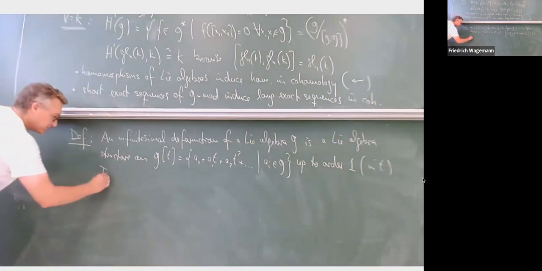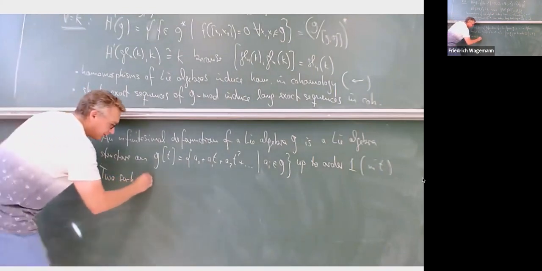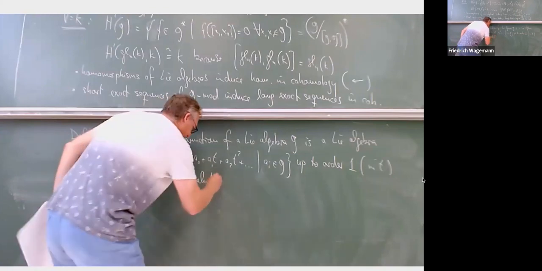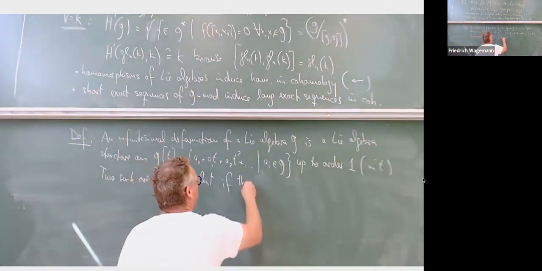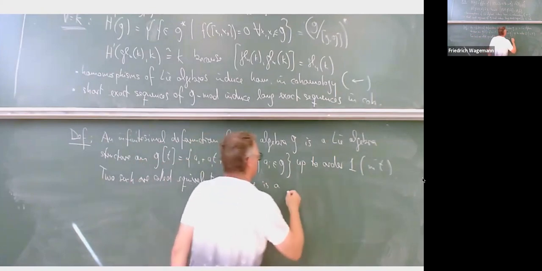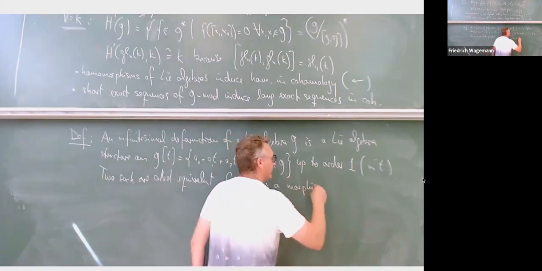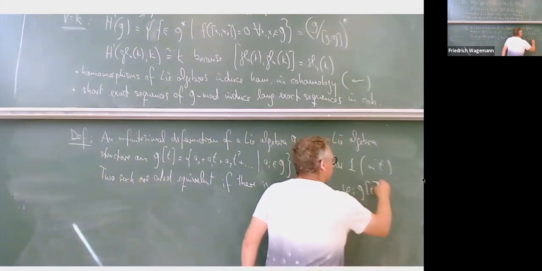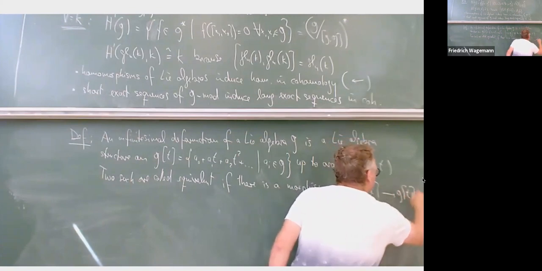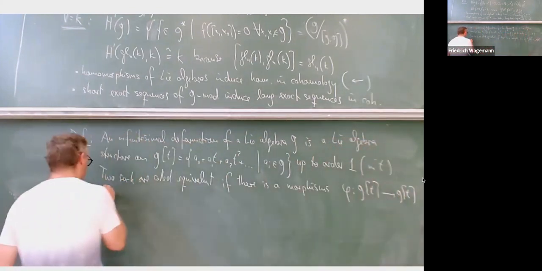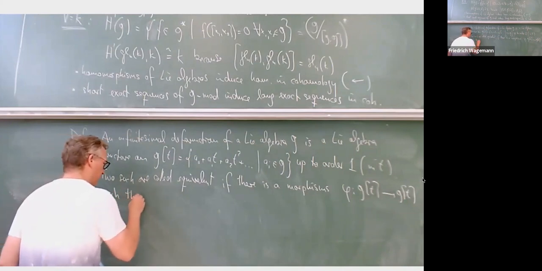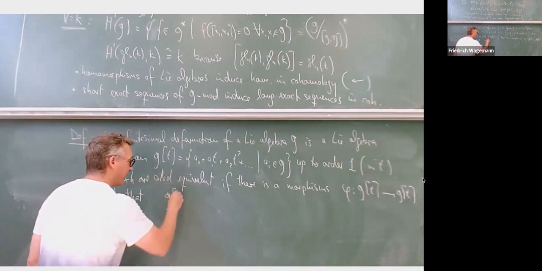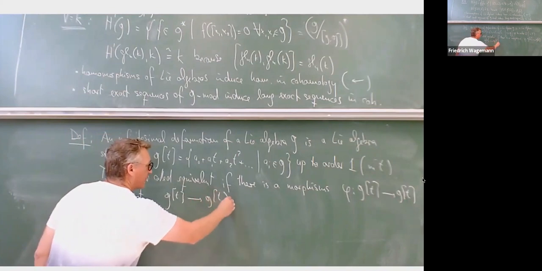And two such are called equivalent if there is a morphism of algebras phi on G[t] such that we have a commutative diagram of this form.